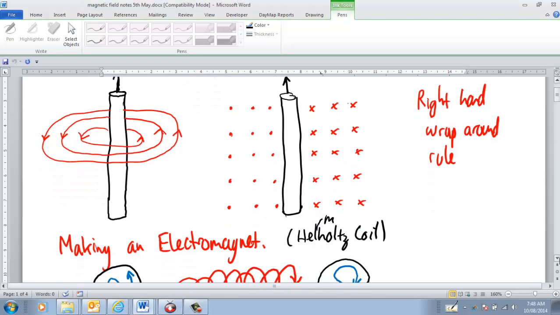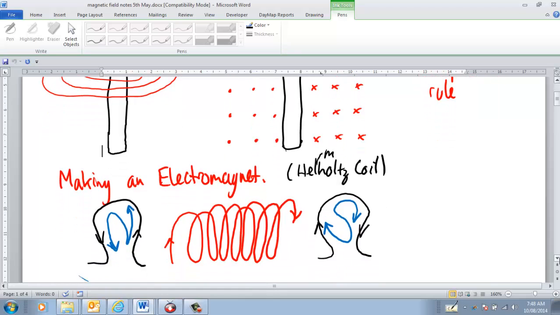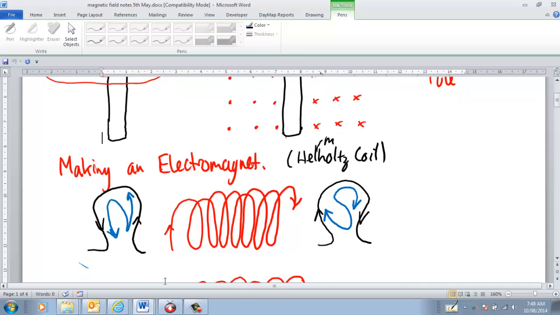Hopefully that makes sense. Alright, to make an electromagnet, you can use a coil of wire, you wrap it around something, and we'll actually play around with some of those, and they're really quite powerful. It's very simple. Now, to know which end is the north end and the south end, I always have electric fields, magnetic fields, and so on together.